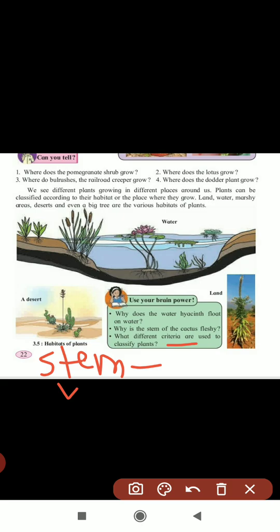Again, flowering and non-flowering plants. Next to that, according to life cycle also: biennial, perennial, annual, like that. Again, last part, according to the habitat, means water, land, desert, like this. These are the criteria used to classify the plants.